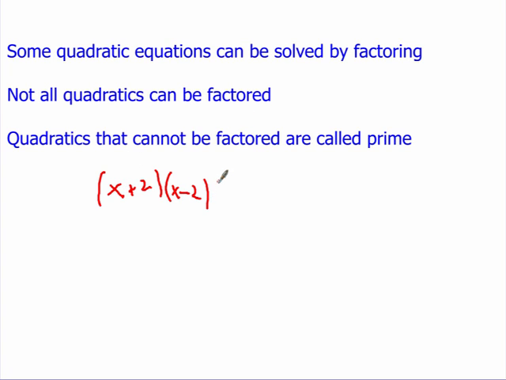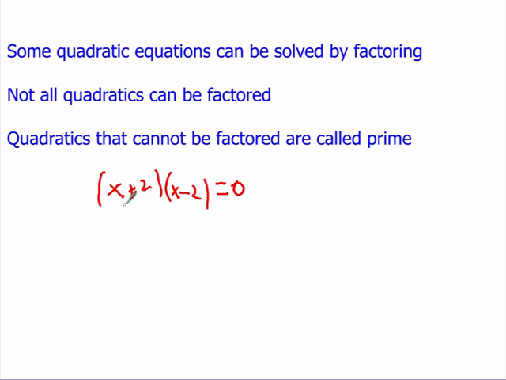Now all I have to do to make this a quadratic equation is stick equals 0 at the end. We have these two terms being multiplied together, x plus 2 times x minus 2. So I know that either x plus 2 equals 0, or x minus 2 equals 0, or they both equal 0, because if I multiply them together, I get 0.